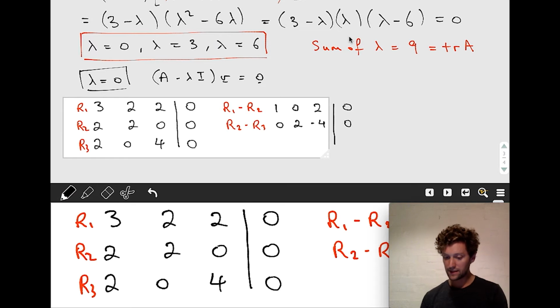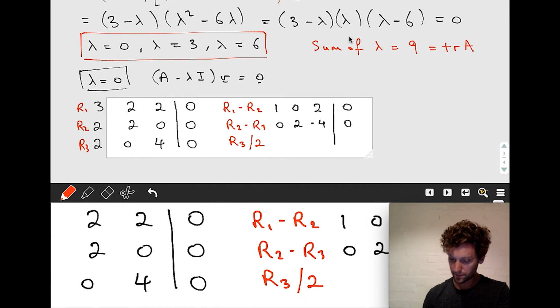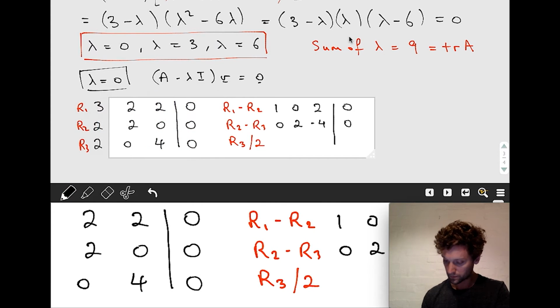And let's leave row 3 as it is for now. Why don't we just make row 3 divided by 2, just to give us a 1 in that first column. So row 3 divided by 2: 1, 0, 2, 0.